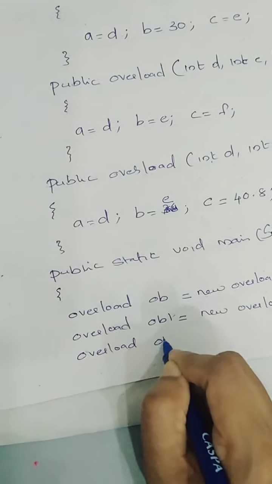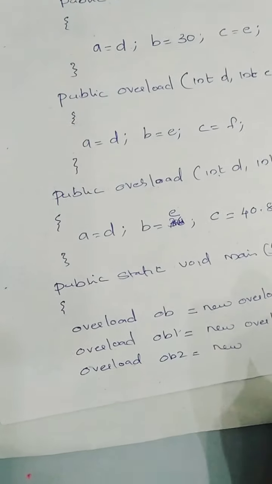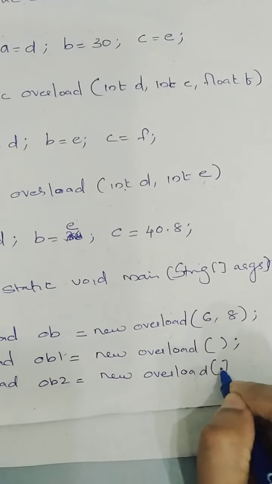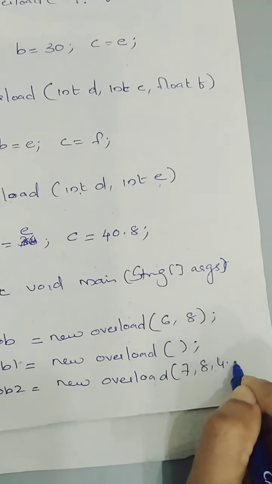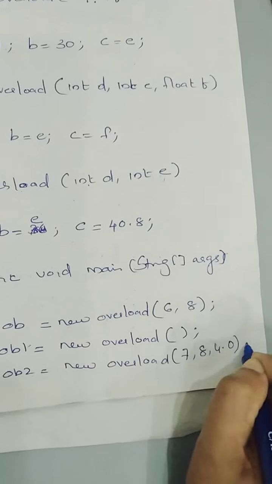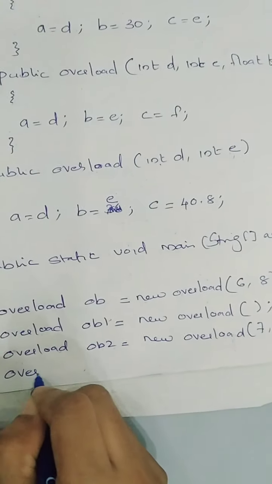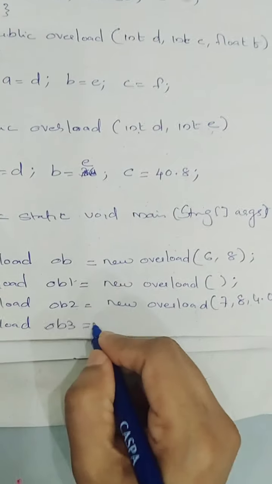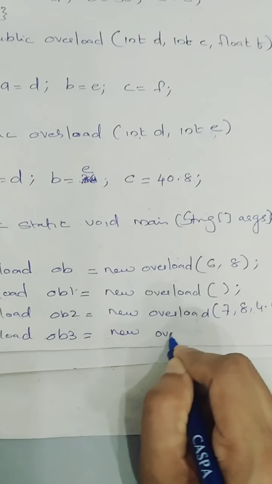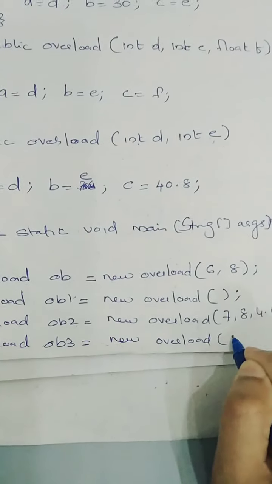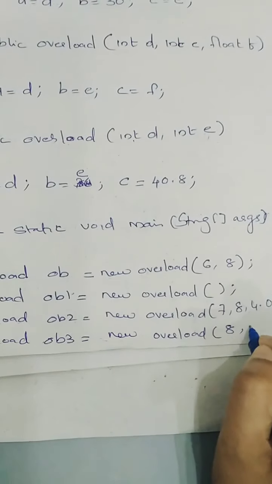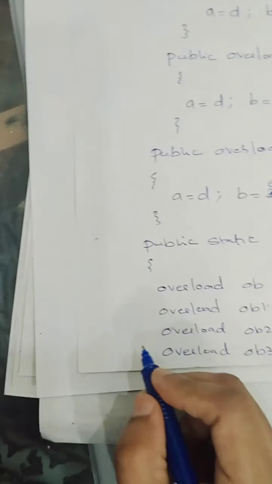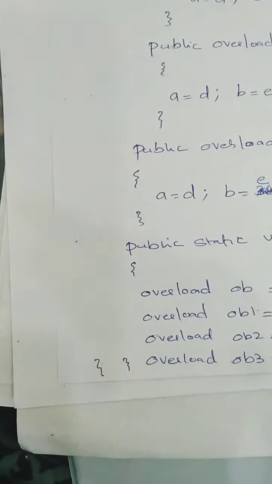Overload ob2 is equal to new Overload(7, 8, 4.0). Overload ob3 is equal to new Overload(8, 9.5). And I'm closing the main method and I'm closing the class.